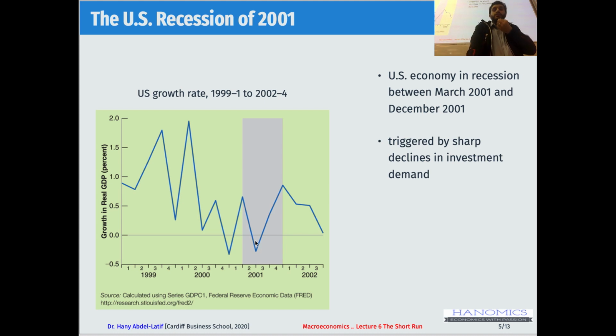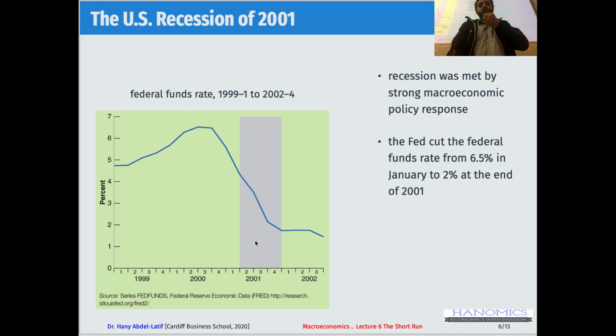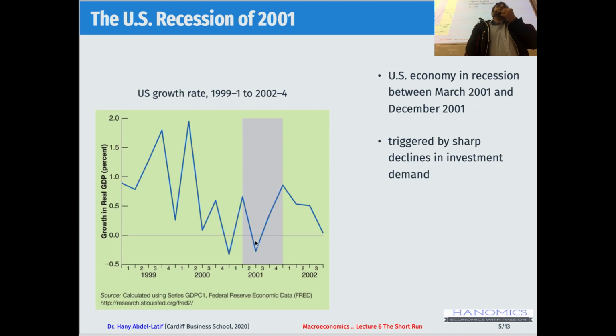And how the Fed, the central bank in the US, and the US government responded to this recession, how they pulled the economy out of this recession. So they used the policy mix, which is exactly what we explained now. So what did you expect them to do?